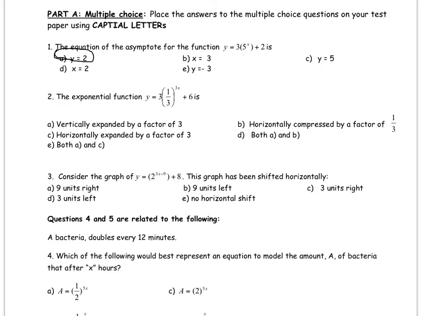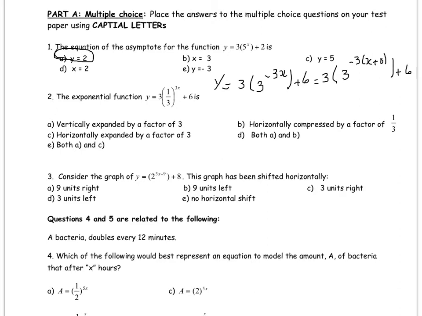The next question is question number 2, which says the exponential function y equals 3 times 1 over 3 exponent x plus 6. I can write this exponential equation as y is equal to 3 times 3 exponent negative 3x plus 6, which the same way I can write as 3 exponent negative 3 times x plus 0, plus 6.